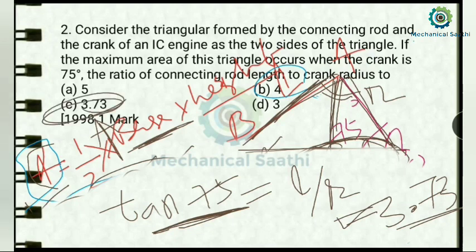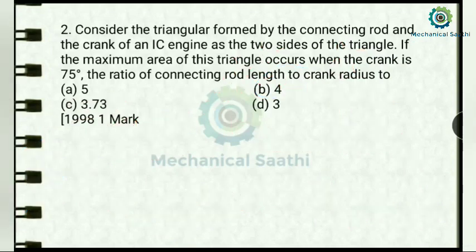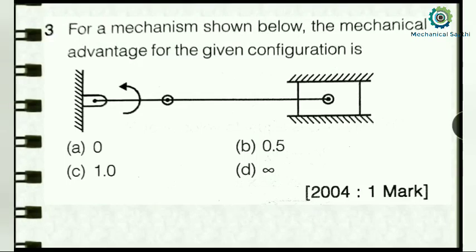Now let us move towards the next question, question number 3. Let us discuss this question. For the mechanism shown below, what is the mechanical advantage for the given configuration?